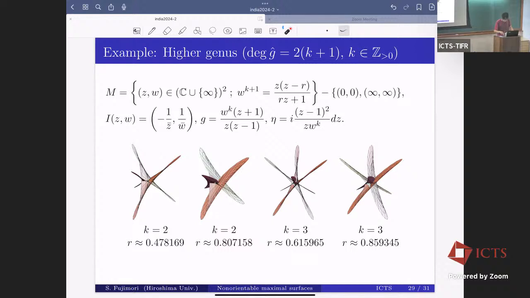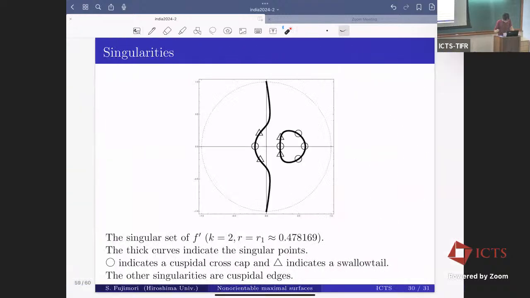And also the singularity. In this talk, I didn't mention the singularity, but we can apply the criteria for singularities by using the Weierstrass data. This is a picture of the k equal 2 case. We have k plus 1 copies of the Z plane.